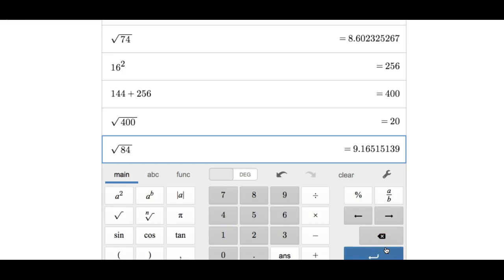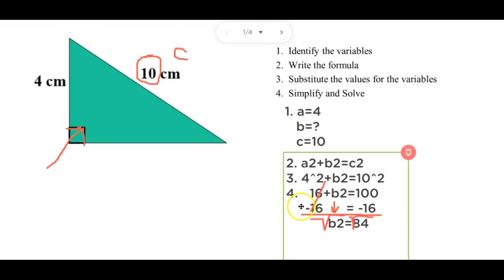I want you guys to round to the nearest hundredth place. That 6 is going to tell that 5 to go up to a 7. So the answer would be B is 9.17. And there's our answer.